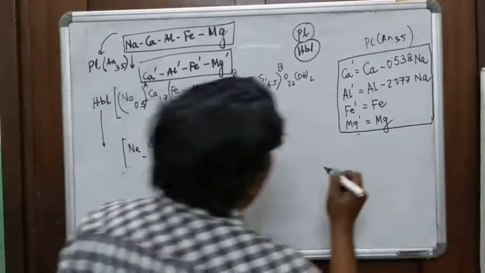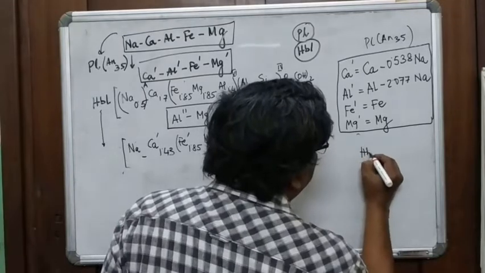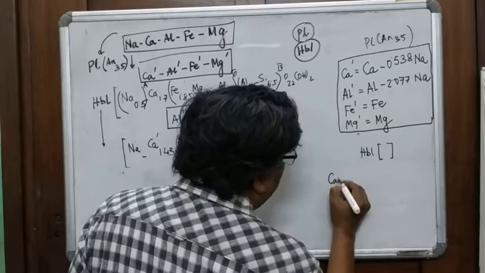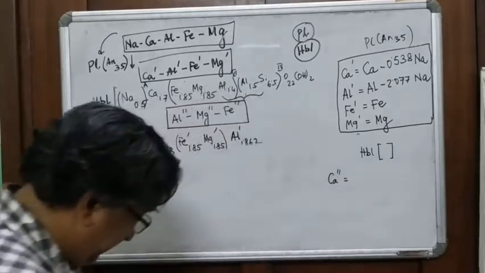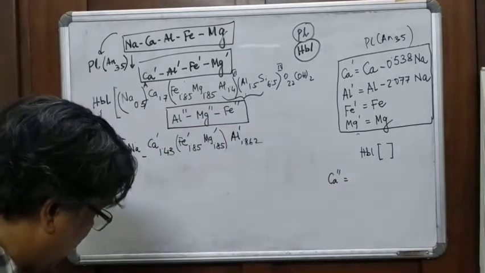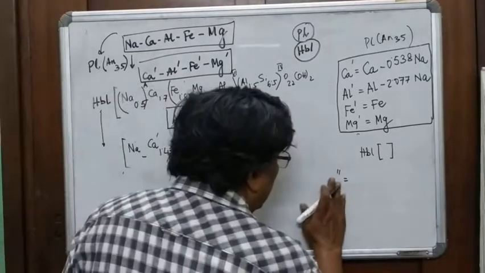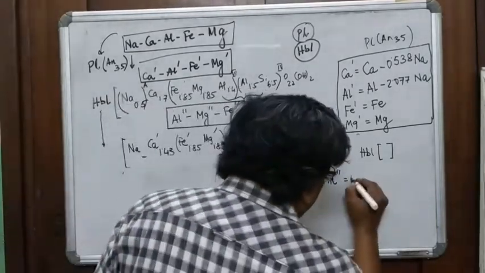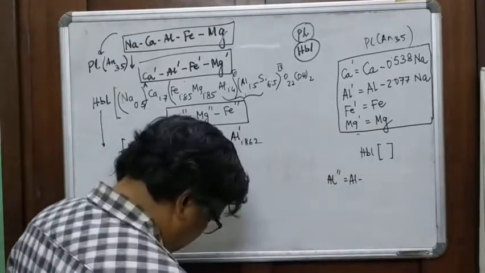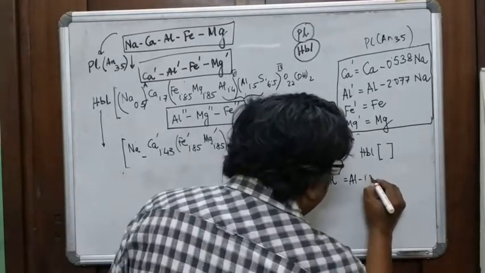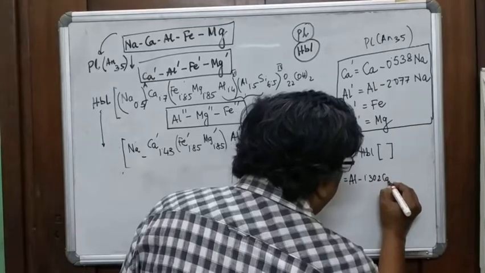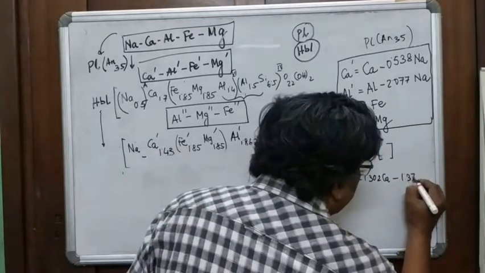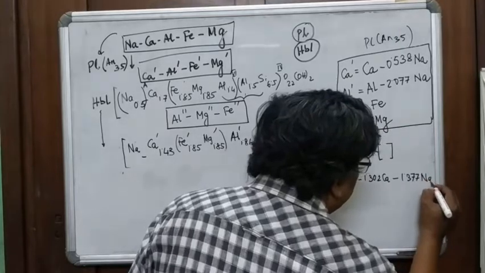So now for hornblende of the composition given, Al double prime is equal to Al minus 1.302 Ca minus 1.377 Na.